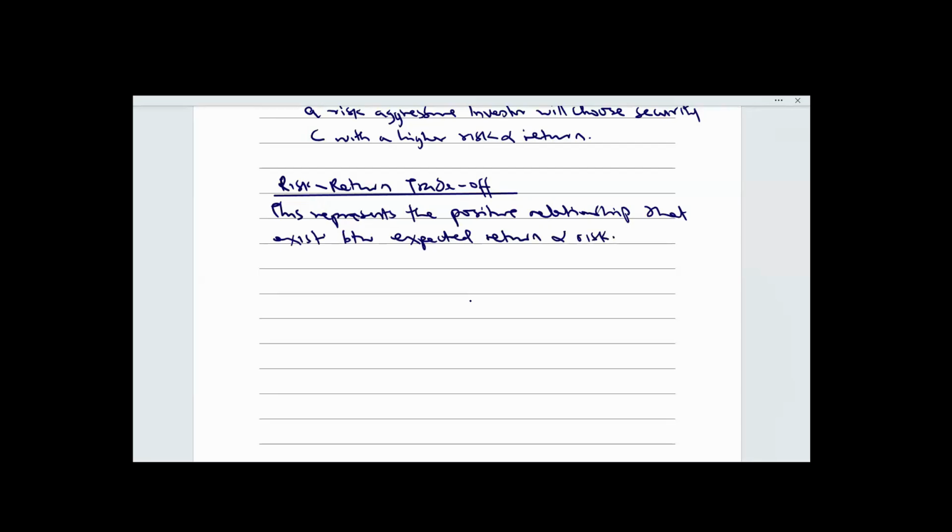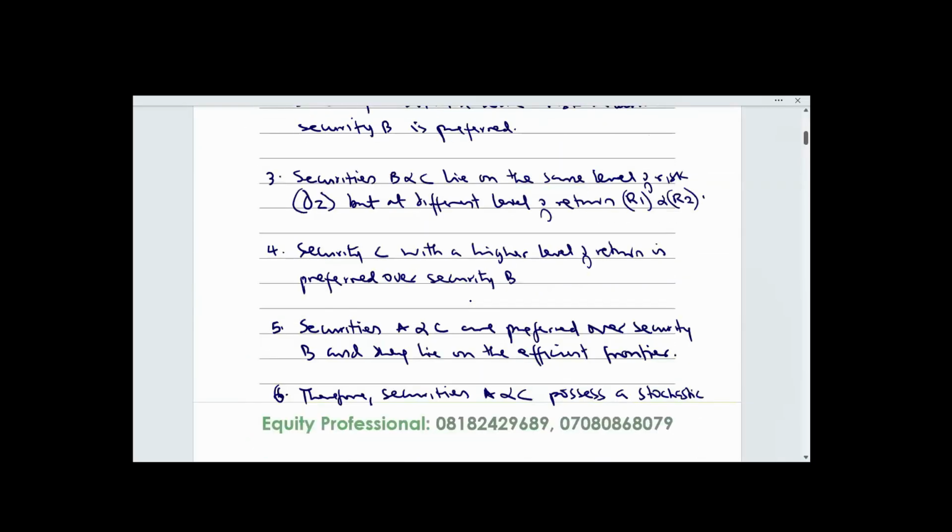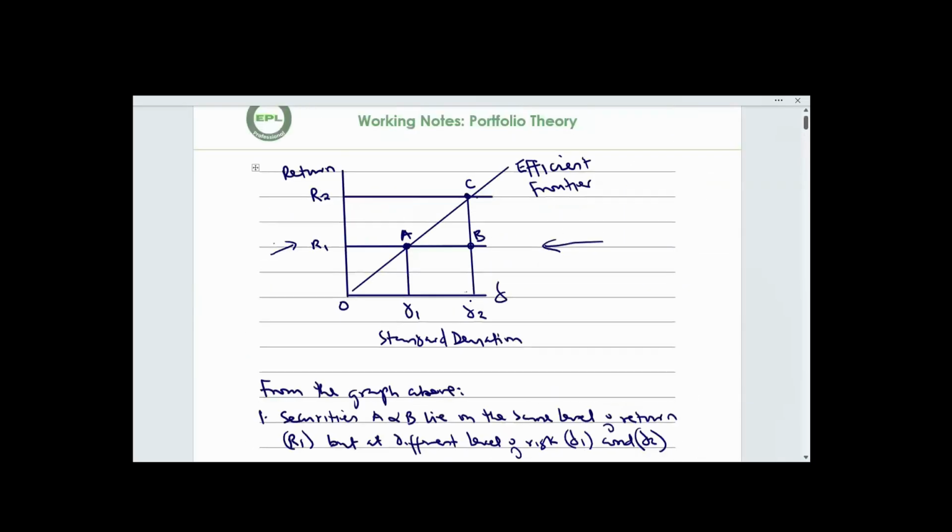All right. So in an efficient market, when you talk about a positive relationship, it is consistent with what we know generally, that the higher the risk, the higher the return, and vice versa. That's a positive relationship. Let me go back to the graph to buttress my point. When you see this graph, from point 0 it is moving up, moving higher.